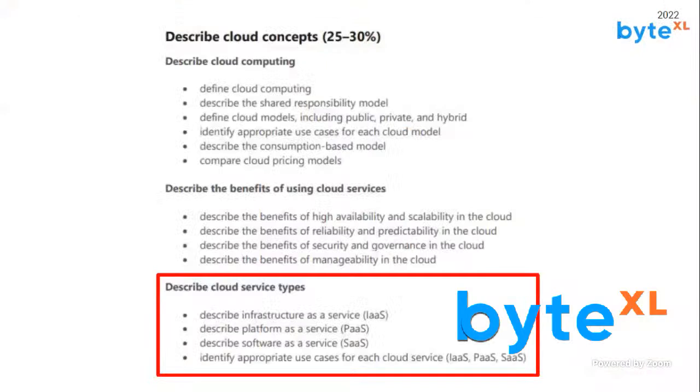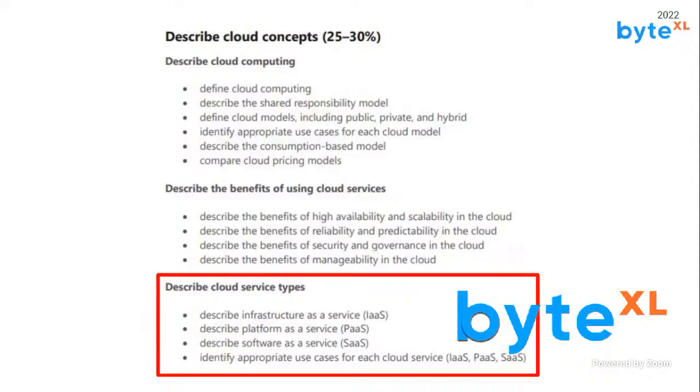Then we looked in detail at the shared responsibility model: the responsibilities on-premises, the responsibilities when you use a virtual machine, and those that come up with an application and with software as a service, that is SaaS.